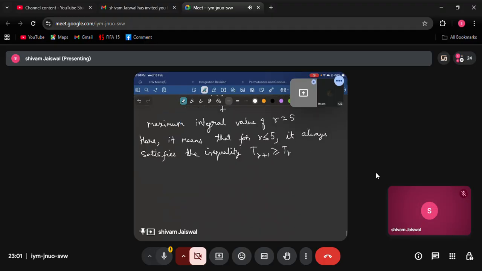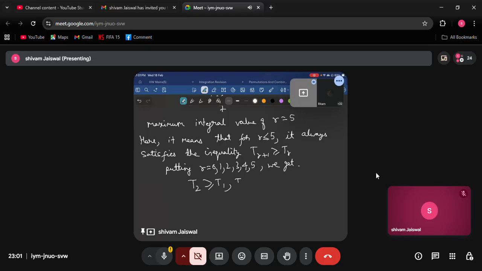So putting r equal to 0, 1, 2, 3, 4, 5, what are we getting? T2 is greater than or equal to T1.